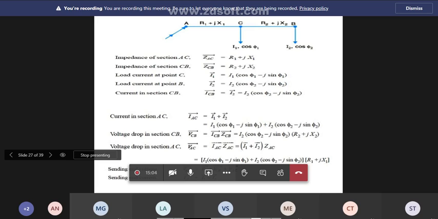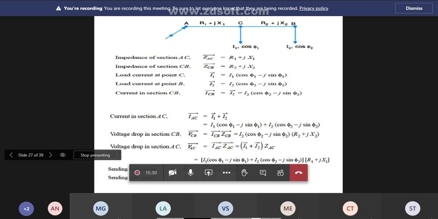Taking the receiving end voltage, what is the receiving end here? B is the receiving end, not A, not C. A is the sending end. This is Vs, the sending end voltage, and B is the receiving end voltage. So take the receiving end voltage VB as the reference vector.